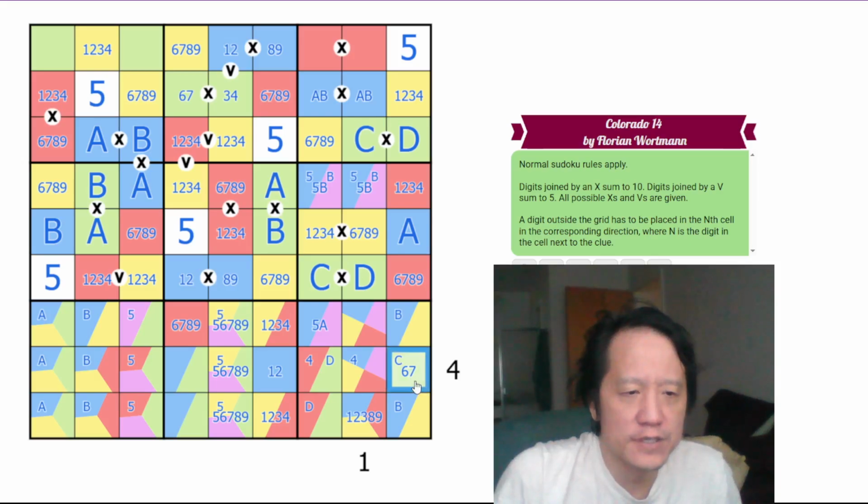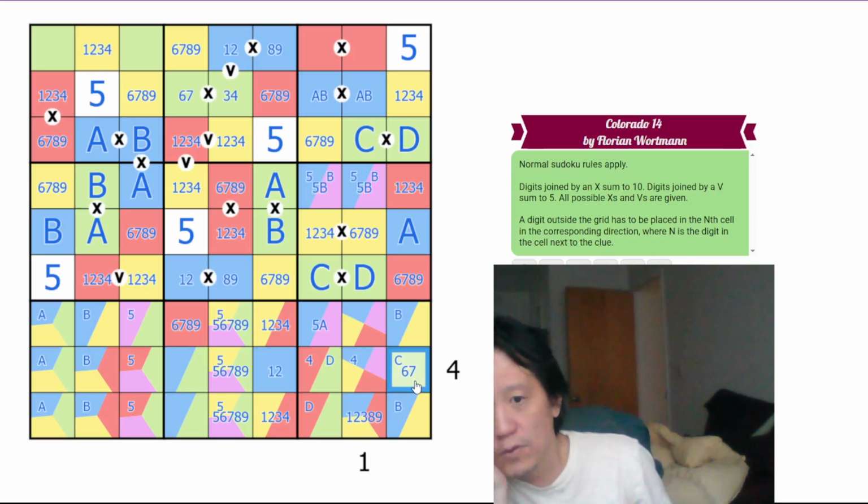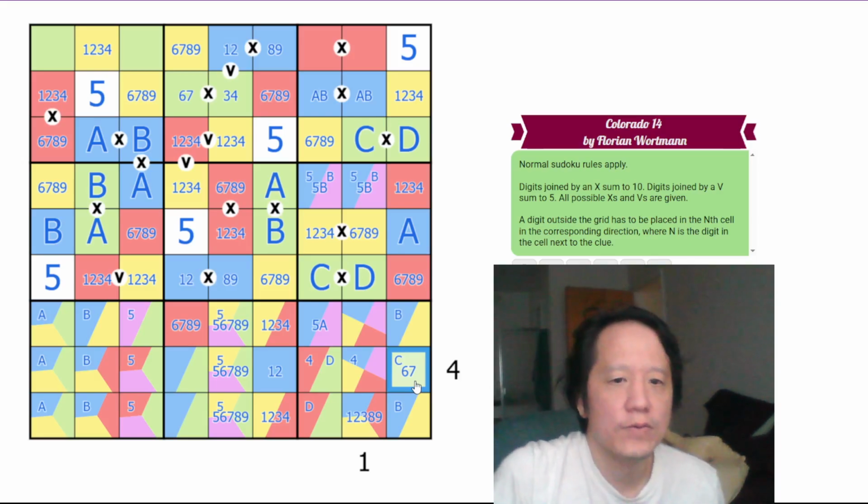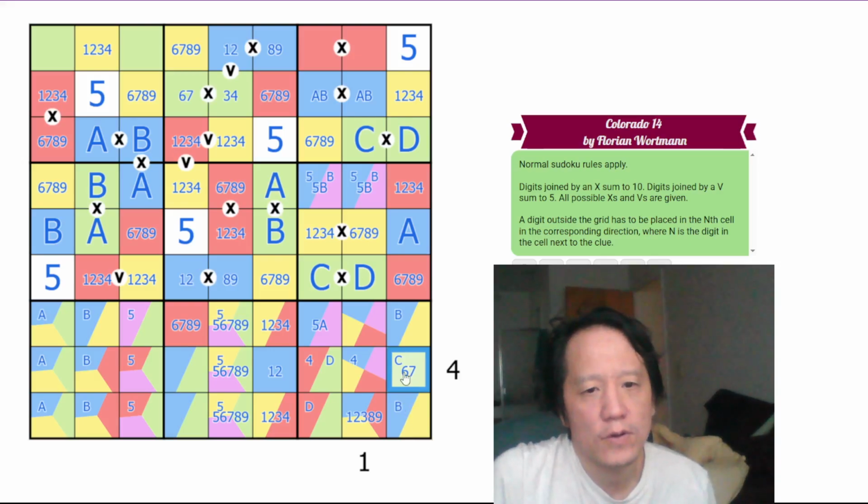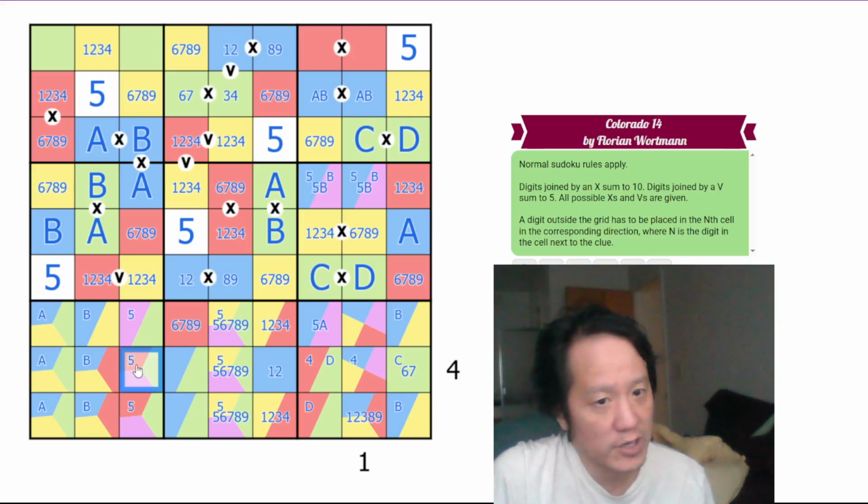If green is 7, that means this can't be green, right? Because then 4 would have to be here, and it can't be green, so it would have to be red.